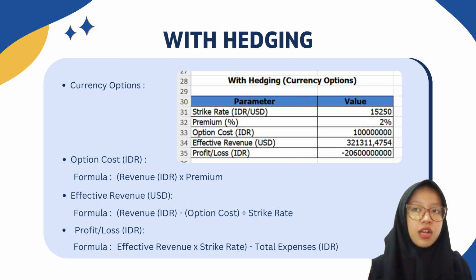The option cost IDR formula is revenue IDR times premium. The effective revenue USD formula is revenue IDR minus option cost, divided by the strike rate. And the profit or loss IDR formula is effective revenue times strike rate minus total expenses IDR.